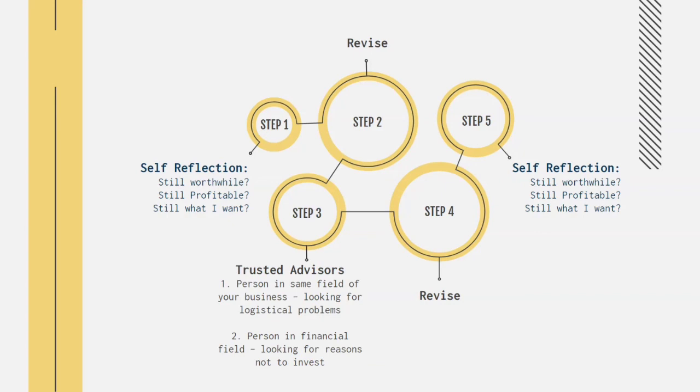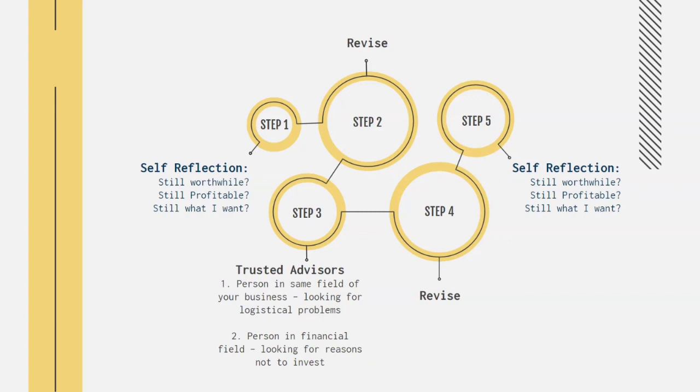Okay, and so you still need to make sure that this is what you want, that your dream still looks like your dream, that it's still profitable, that it's still worthwhile, and that you're going to be able to get up every day passionate and excited and be able to put in the hours that are needed to run your own business.